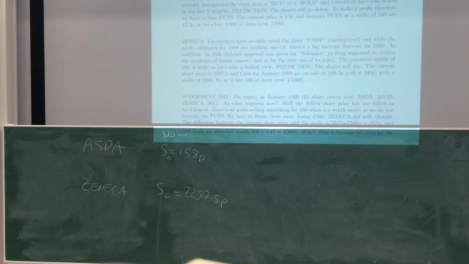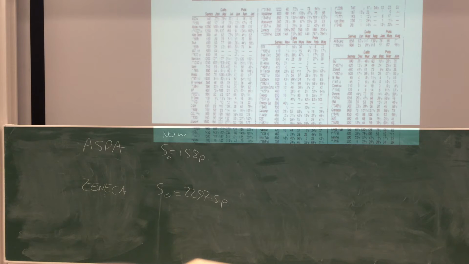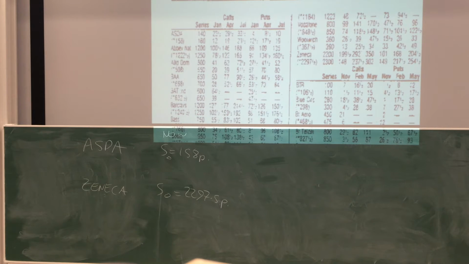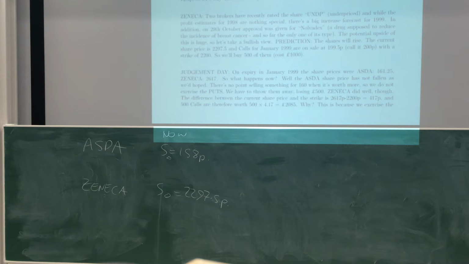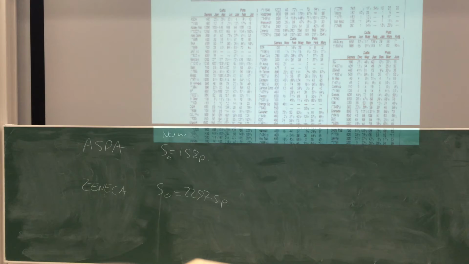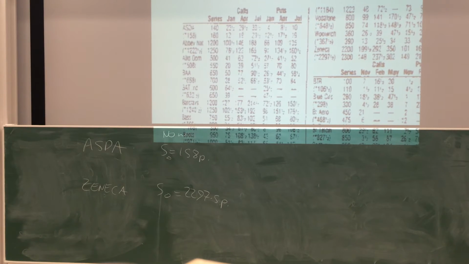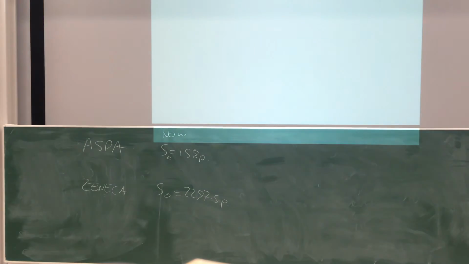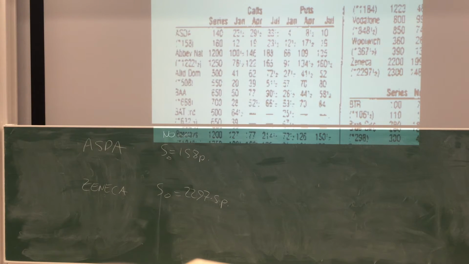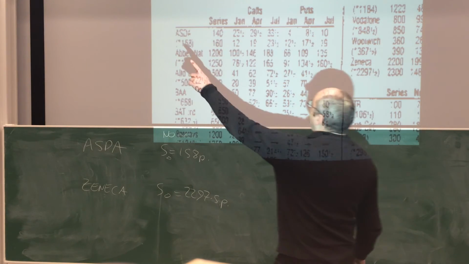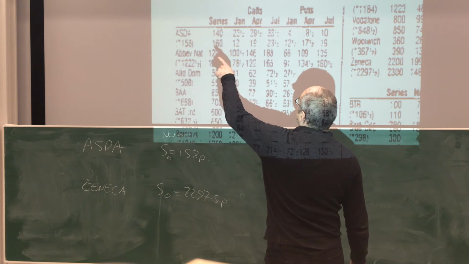Right, so if we look at this, what do we have? Current price is 158. January puts with a strike of 160. We've got 160 is, what was it? 12.5p. Right, so if I zoom in here, here's Asda, here's a 160 strike.